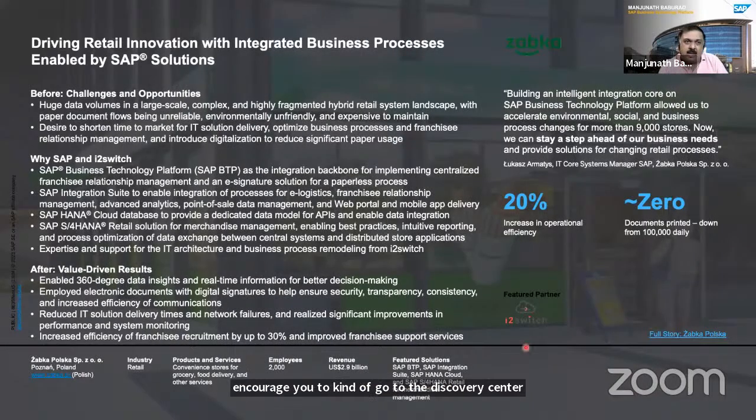Now, a concrete example of somebody who did this is Żabka. Żabka, maybe not many of us might have heard of it. It is one of the biggest retail or grocery chains out of Poland, right? They have almost 8,900 or 9,000-plus stores, which means they work with thousands of franchisees who are running the Żabka chain.